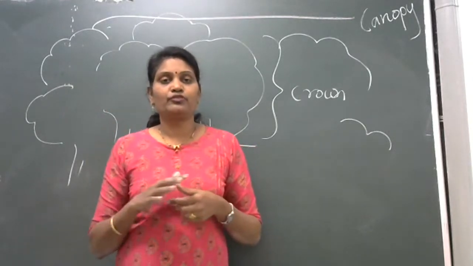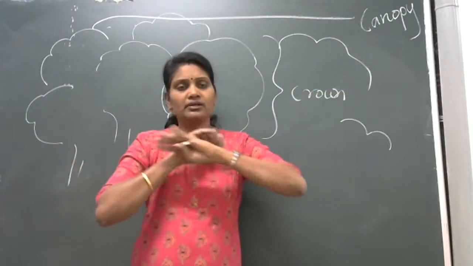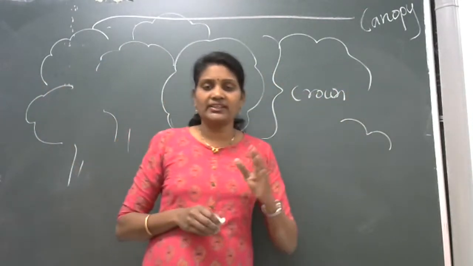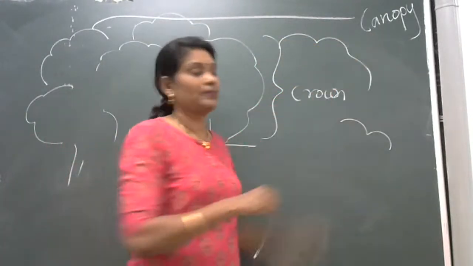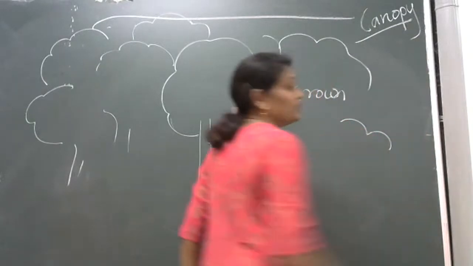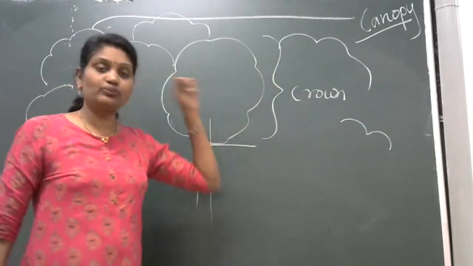Now here the overview, if we see the forest, you will see a type of green layer, a green cover. That green cover itself is called the canopy. What is it called? It is called the canopy.